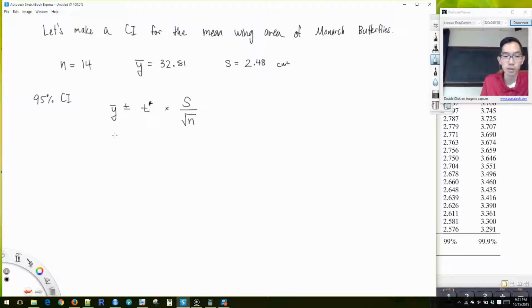Okay, so if we wanted to look at the components of a confidence interval, the y bar is our estimate based on the sample. The t star is also known as our critical value. And this whole thing, s over the square root of n, is called the standard error.